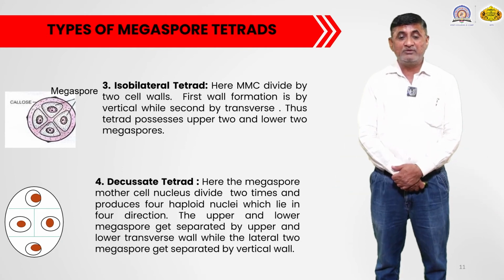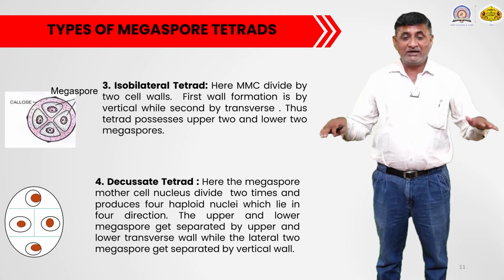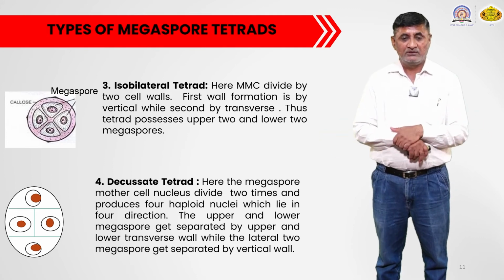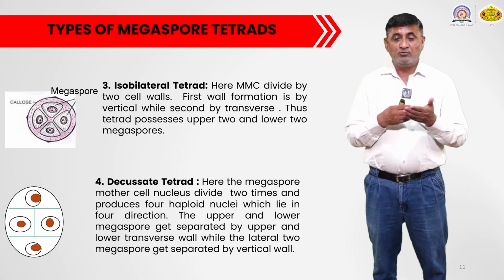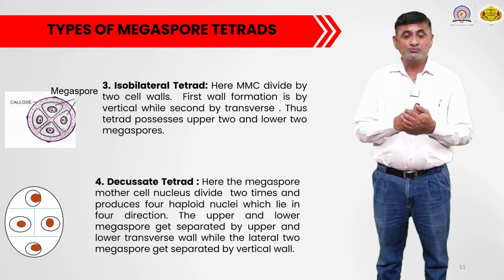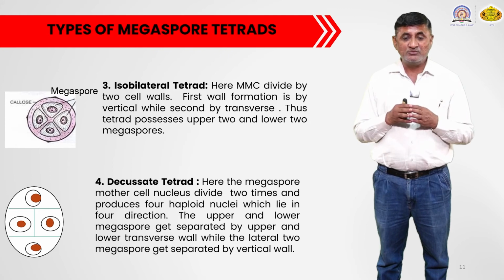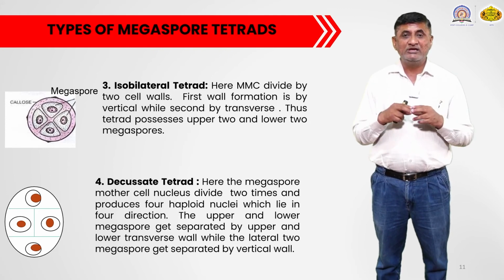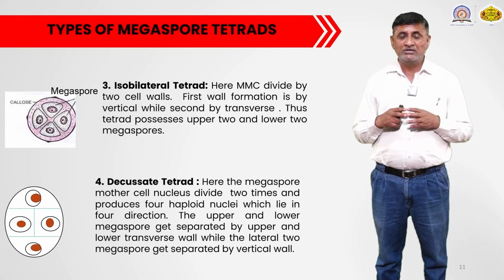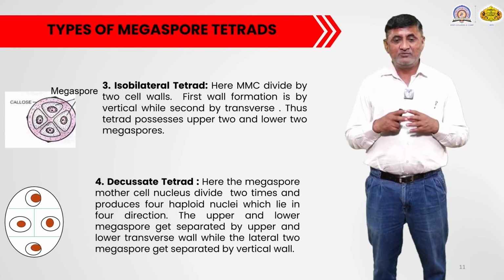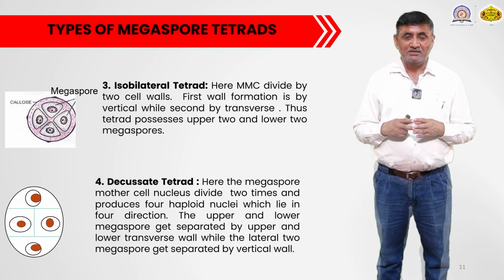The upper and lower megaspores are separated by transverse wall formation, while the lateral 2 megaspores are separated by vertical wall formation, and because of this all 4 megaspores go to the 4 sides.